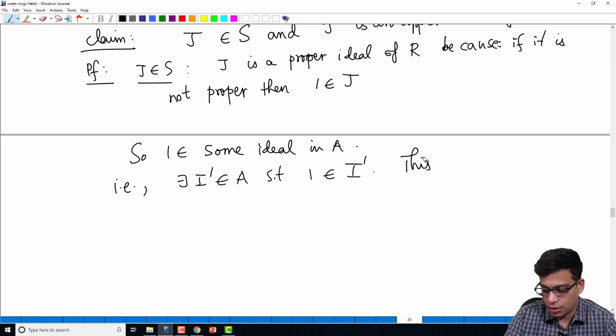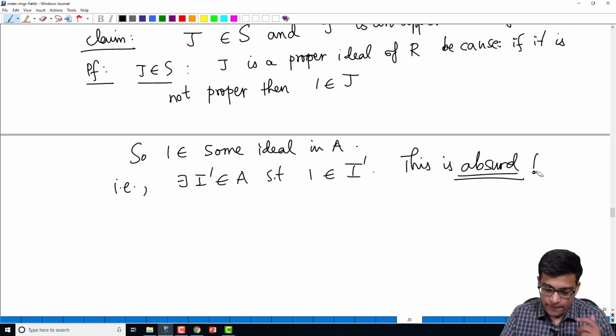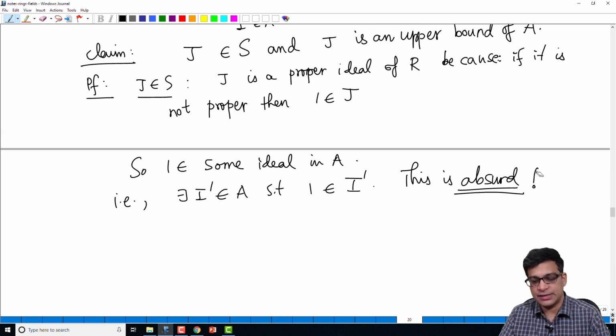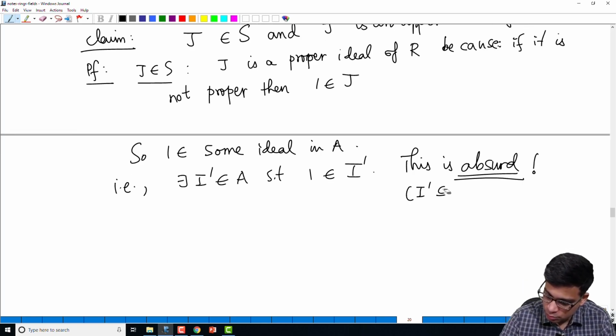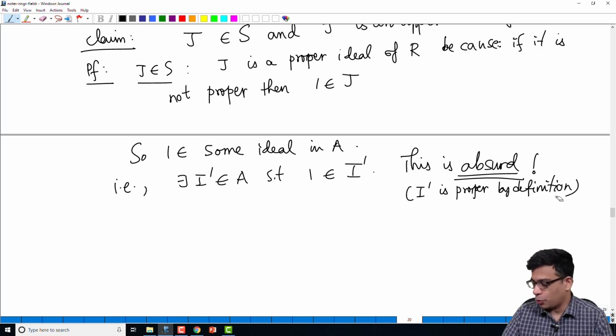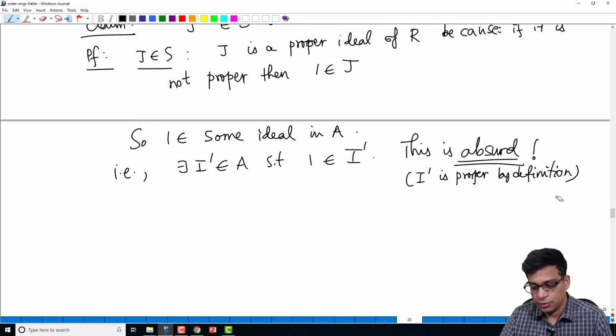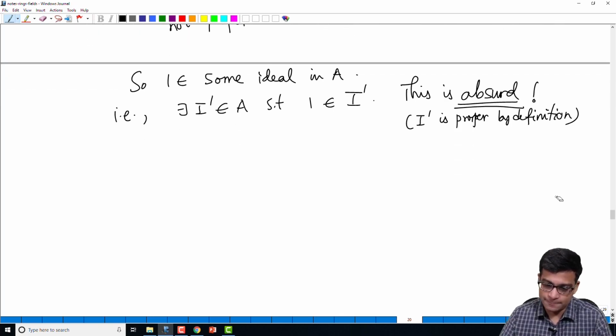But this is a contradiction, right? Why is that? This is absurd because A only contains proper ideals. By definition, S contains only proper ideals. So A contains only proper ideals. So in particular, I prime is proper. So I prime cannot contain 1. So J is proper.